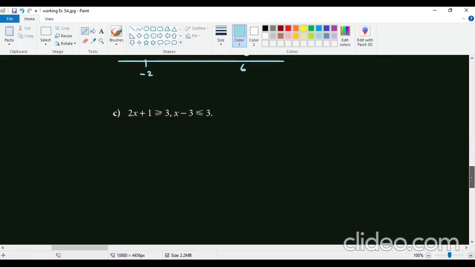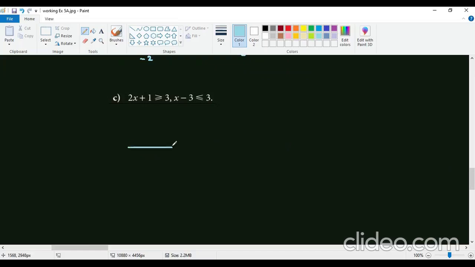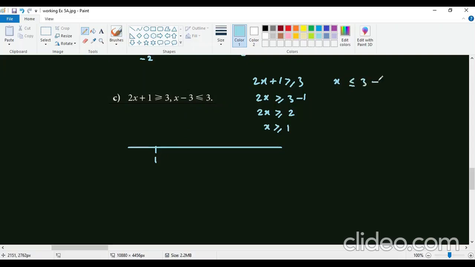Third one, again a straight line, and since 2x plus 1 greater than or equal to 3, that means 2x is greater than or equal to 3 minus 1, which is 2. 2x, 2, so x greater than or equal to 1. So I'm going to start this from 1, and the second one is saying x less than or equal to 3 plus 3. So all the values which are less than 6.